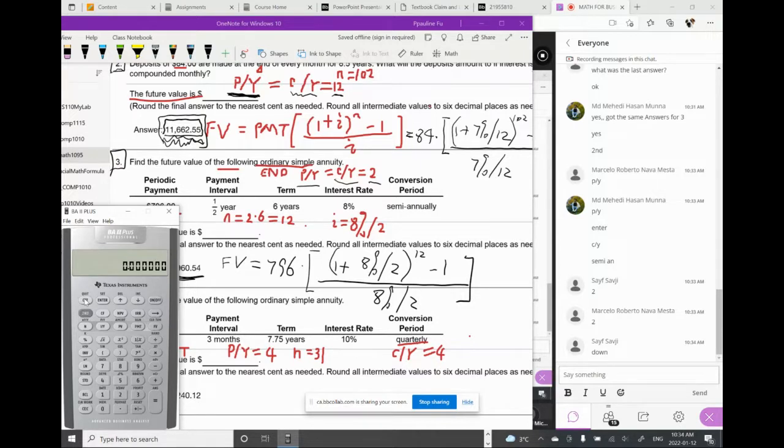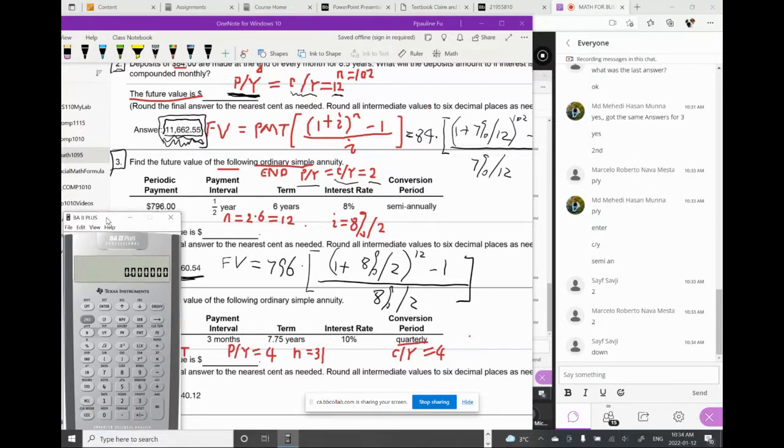So after you enter PY, CY, second, quit. Okay. And now enter the first number you see, 796. Quick negative number. Then quick PMT.